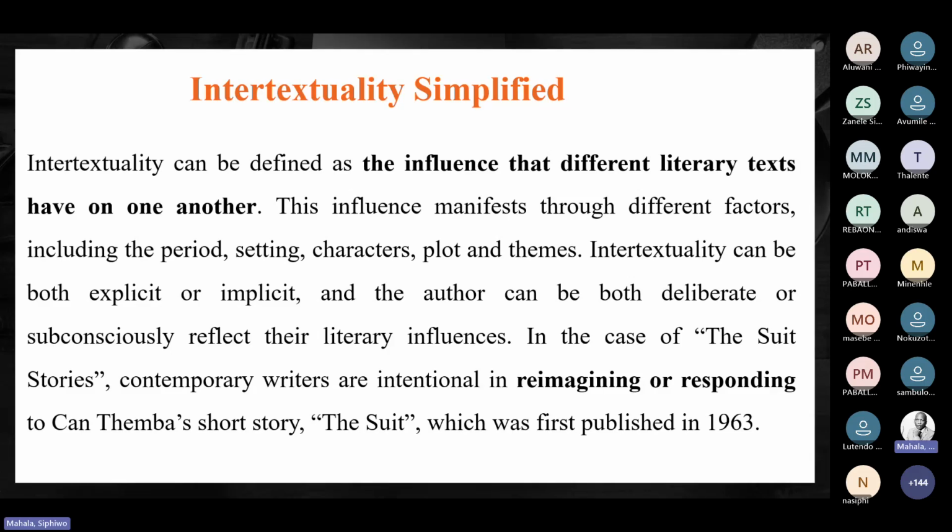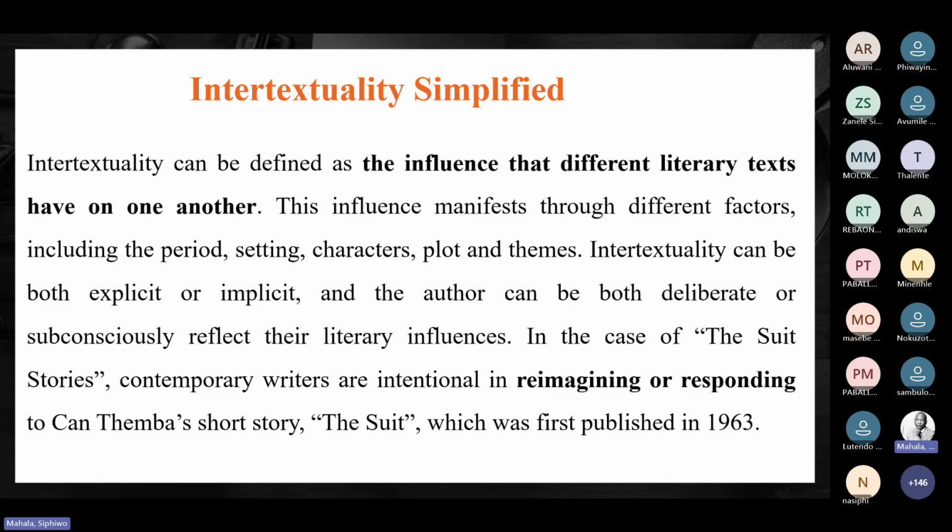In the case of the Suit stories, for instance, we have contemporary writers, the writers of this generation, that is Sipho Mahala and Zulu Savannah, who are reimagining or responding to Can Themba's The Suit, right?